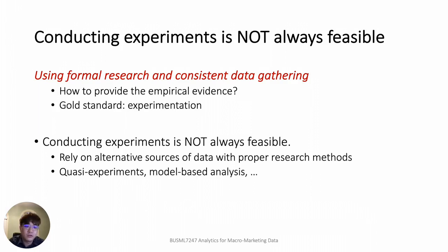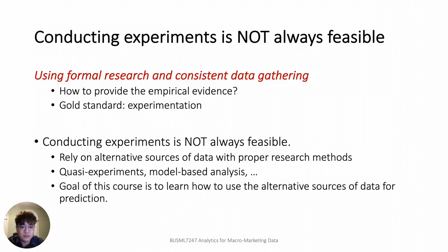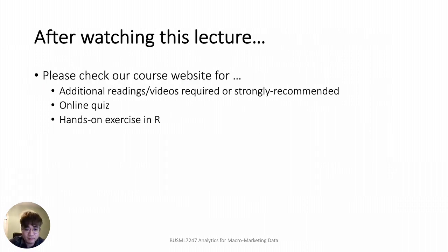These methods include quasi-experiments, model-based analysis, and so on. In this course, you will learn what kind of data you can use and how to use the data for market predictions to evaluate ROI.